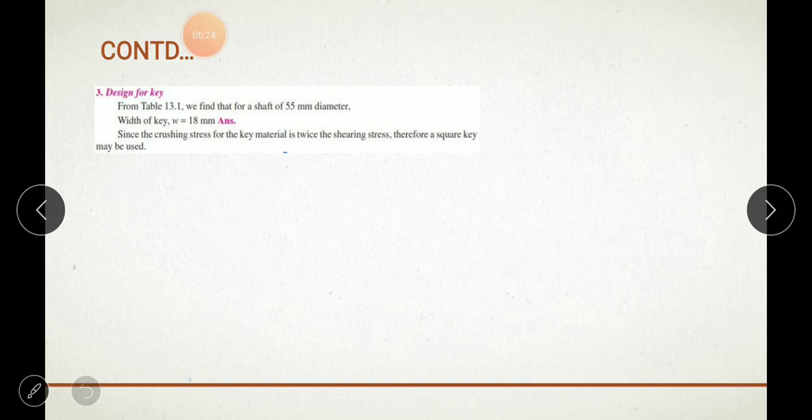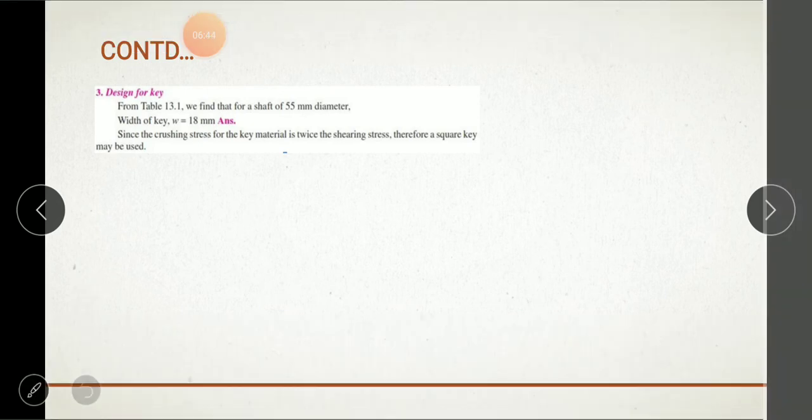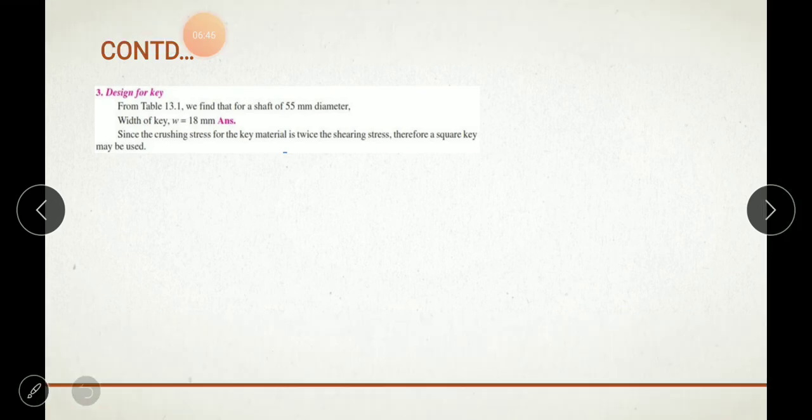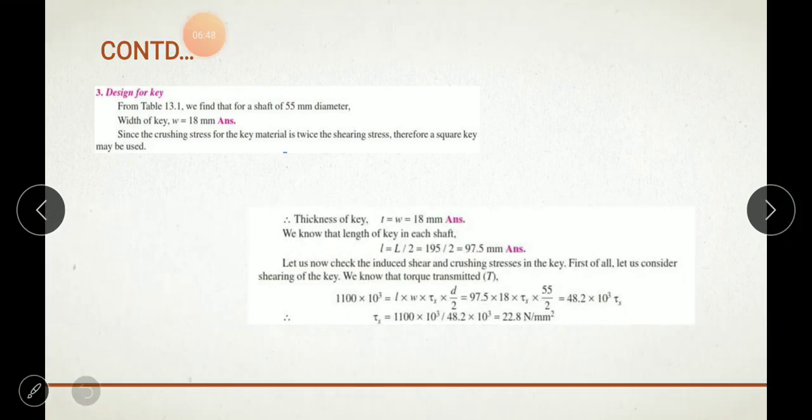Corresponding to the diameter of the shaft, the width of the key is 18 mm, corresponding to diameter 55 mm. If we are using a square key, that means the width and thickness are both the same, that is 18 mm by 18 mm.